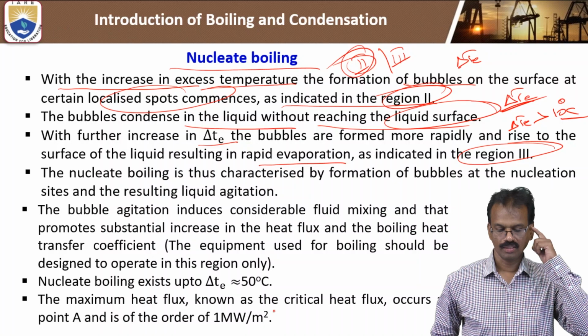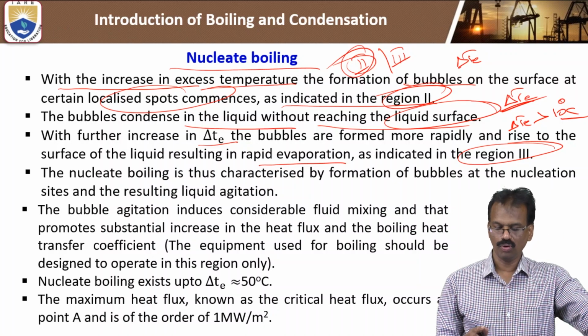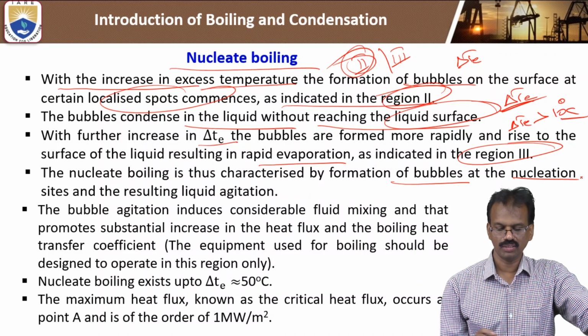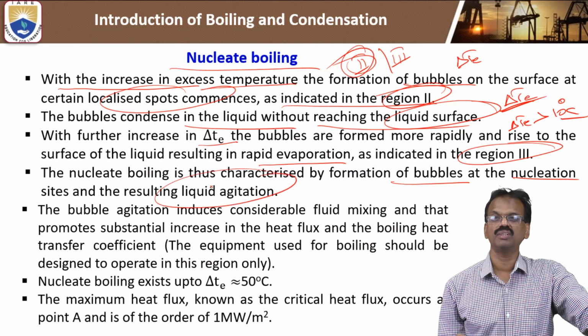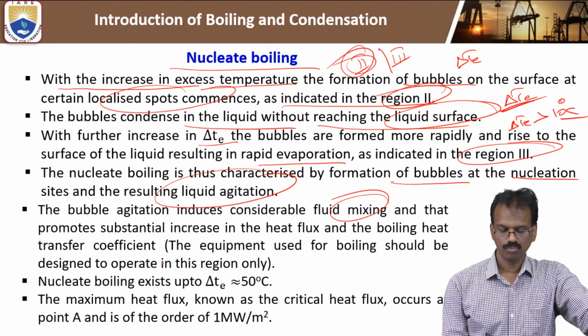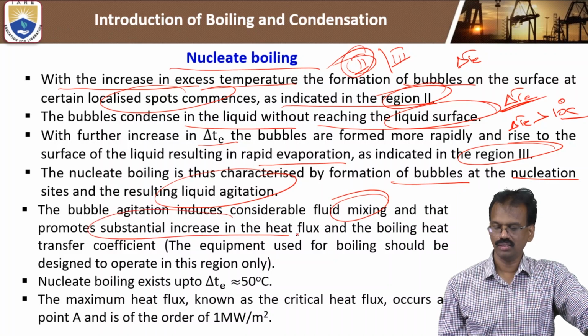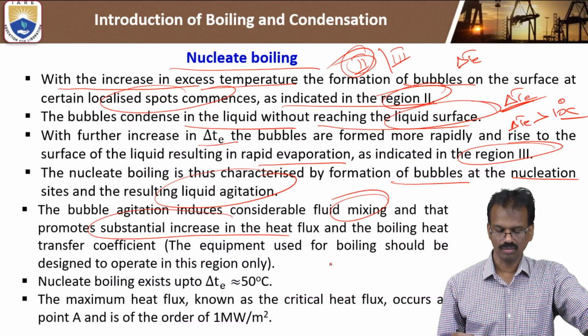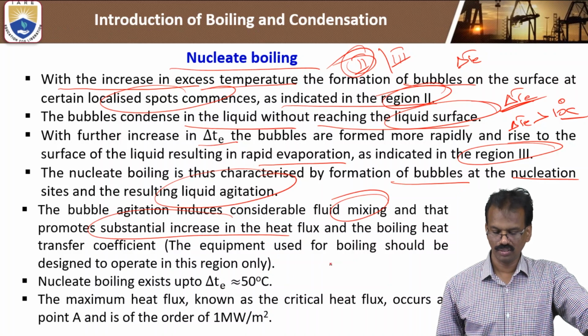Nucleate boiling is thus characterized by the formation of bubbles at nucleation sites, resulting in liquid agitation. The bubble agitation induces considerable fluid mixing that promotes a sustained increase in the heat flux. So here we will see a rapid increase of heat flux until it reaches a particular point called the critical heat flux.